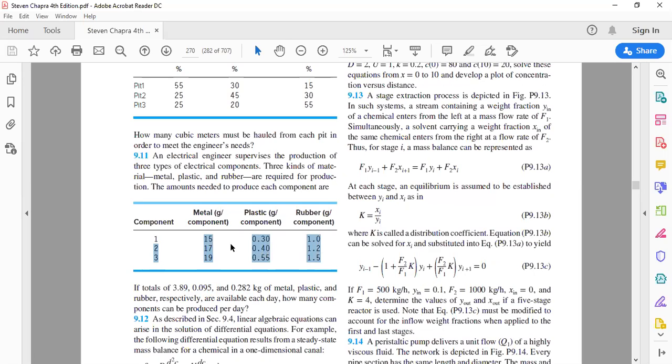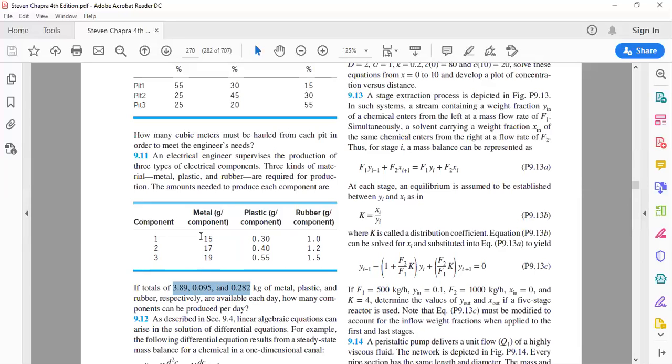To manufacture it, this is the particular combination you need. So it doesn't change. But it's the B matrix that is changing. These are the quantities that are available in that particular factory. They may increase or decrease depending on the particular day. So you just need to solve for how many components can be produced.